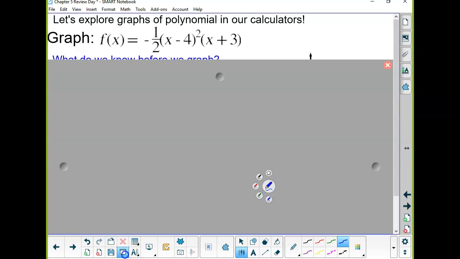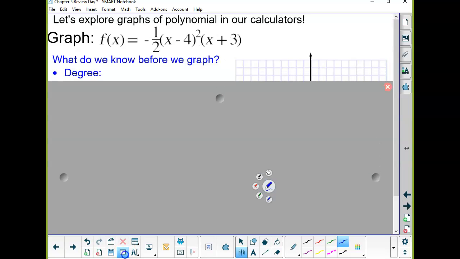If I give you a function, we should be able to answer the following questions without a calculator. So let's just kind of do this quick. What is the degree right now? 2. Close. We have to be really careful. Notice how this is in factored form. It's broken down in factors. We definitely have a degree of 2, right?